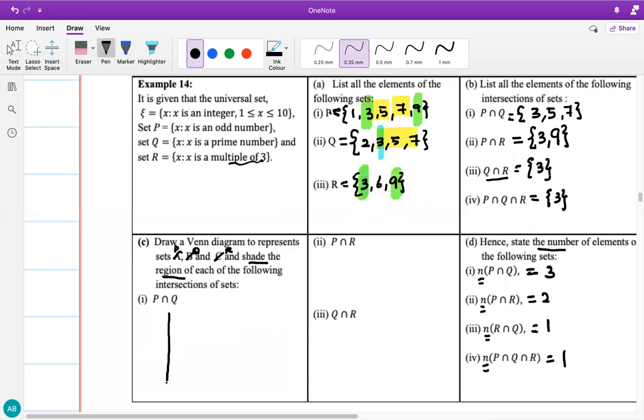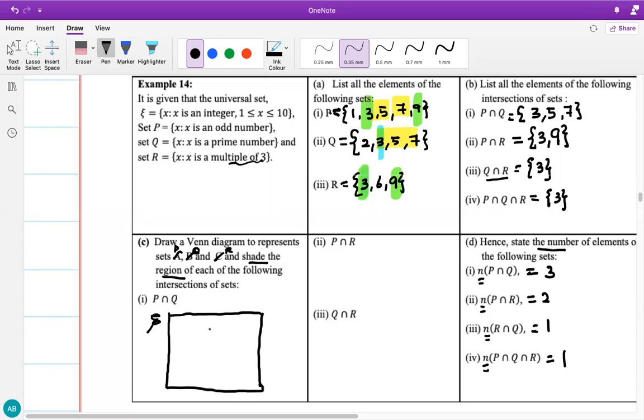So this is the universal set. P has 1, 3, 5, 7, 9. The common elements between P and Q are 3, 5, 7.